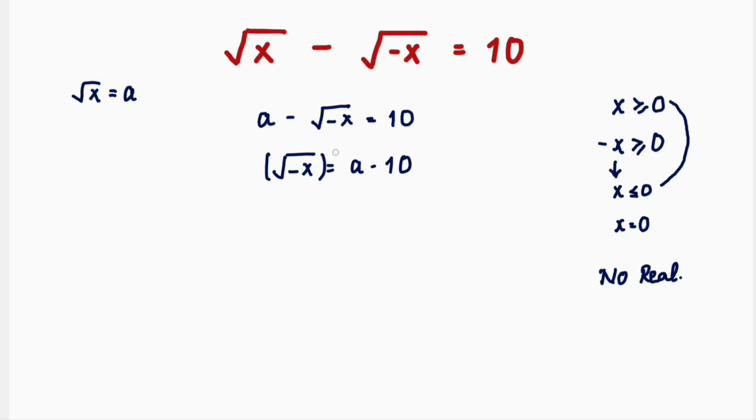Next take the square. If square root x is a, x will be a square.